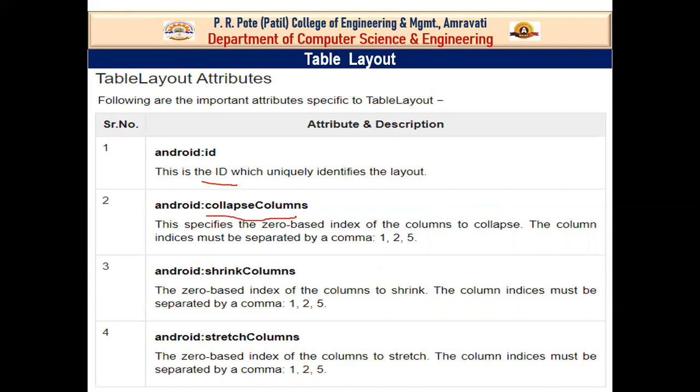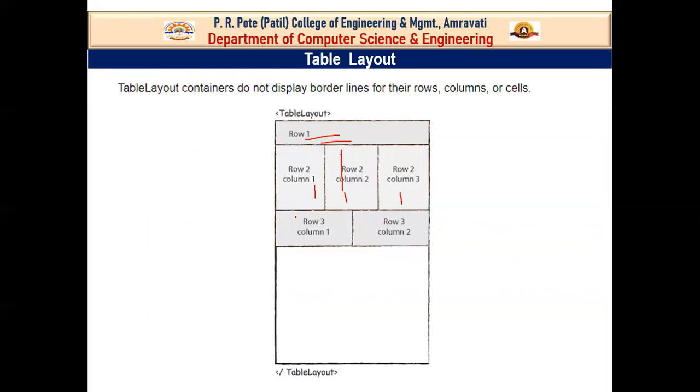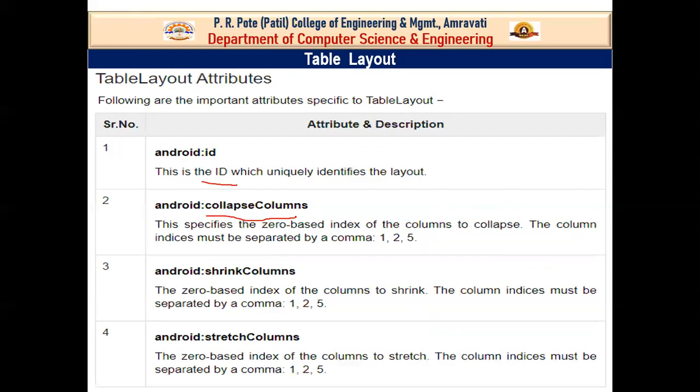For example, on my screen I am having 3 columns, and now if I want to collapse this particular column, I pass it as a collapse column, like 1. And you can have multiple columns separated by commas.